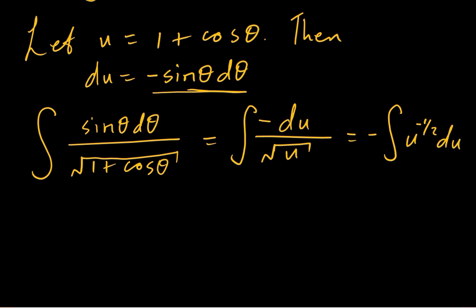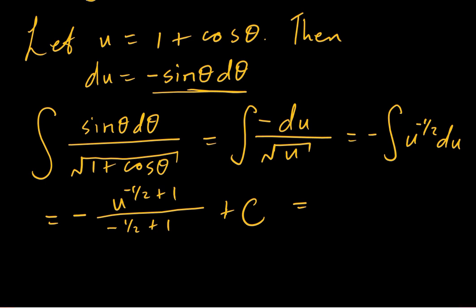And then it's just a simple rule of integration, so what happens is it becomes negative u to the power negative half plus 1, all over negative half plus 1. And then we add c as usual, just the constant. And a little bit of simplification here, negative half plus 1 is a half.